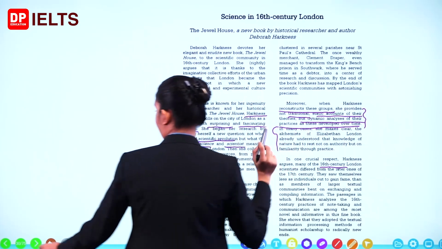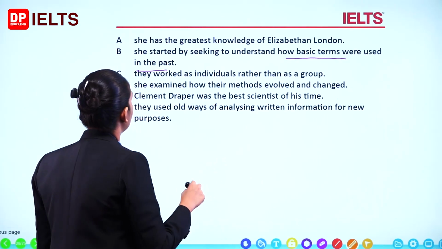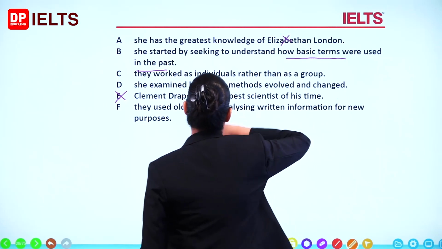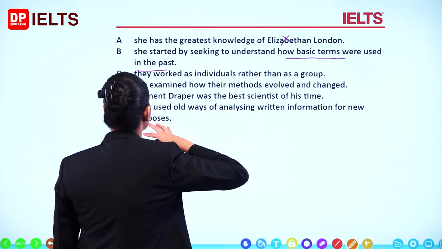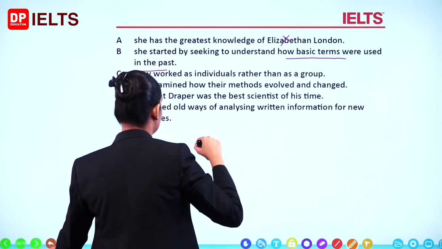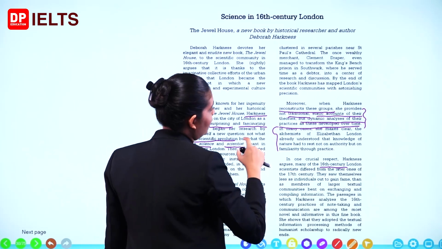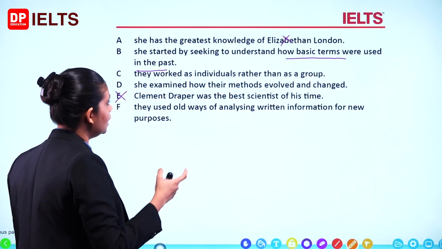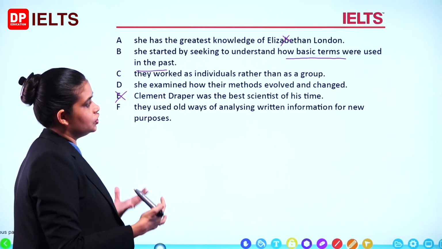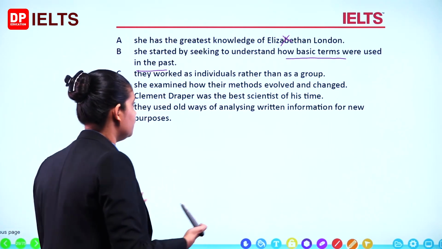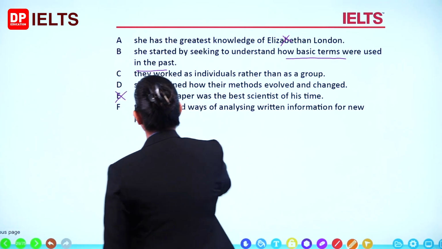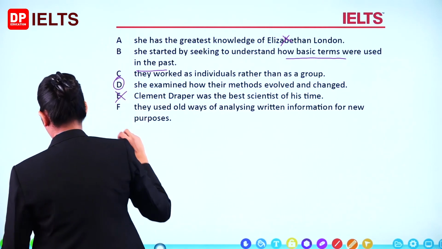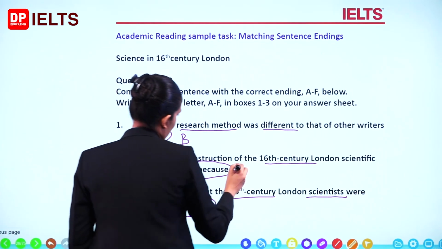So our keywords should match this answer. That's why this one doesn't really come in. But what did she do? She provides not traditional but dynamic analysis. So she says no, it's not the traditional one, but they are dynamic. They evolved and changed. So the most appropriate answer would be D.